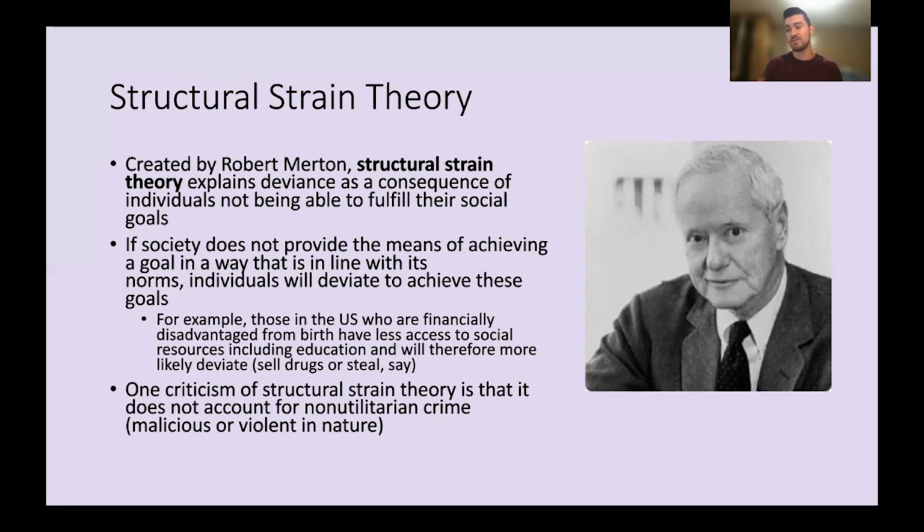So if we have someone that's financially disadvantaged and they're trying to put food on the table, but they cannot find a well-paying job, maybe they don't have access to healthcare or birth control, so they have a lot of children and no money. In the context of structural strain theory, maybe these two parents in a two-parent household are trying to achieve a goal, which is survival, financial goals.